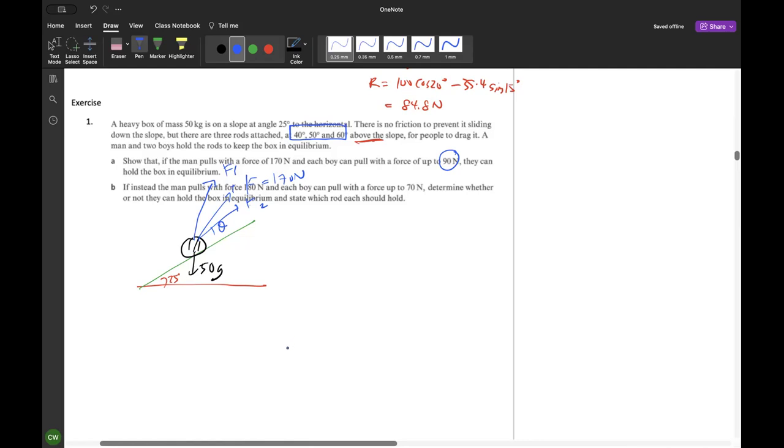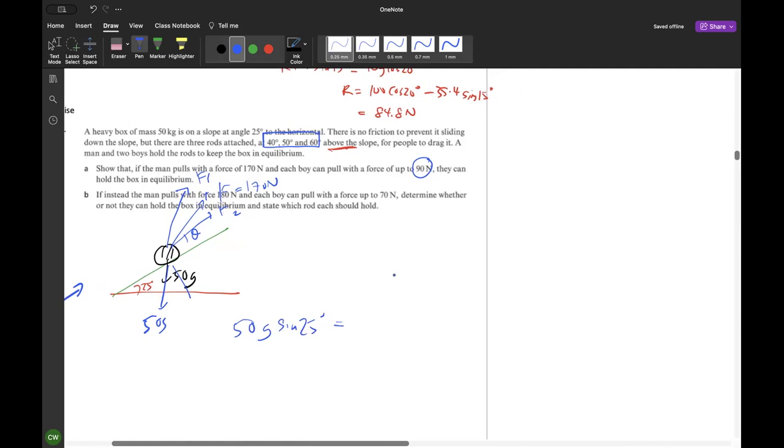If you want to hold it from going down, you need to resolve the force in this direction. Going down, the force is 50g sine 25.